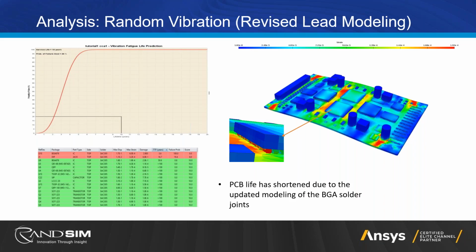And what's nice again is that you can make those what-if changes inside Sherlock, so you're not constantly making one little change in your native layout tool, generating a whole new ODB++ or IPC file, importing it all in and setting everything back up. You're able to do all this within your existing workspace of Sherlock.